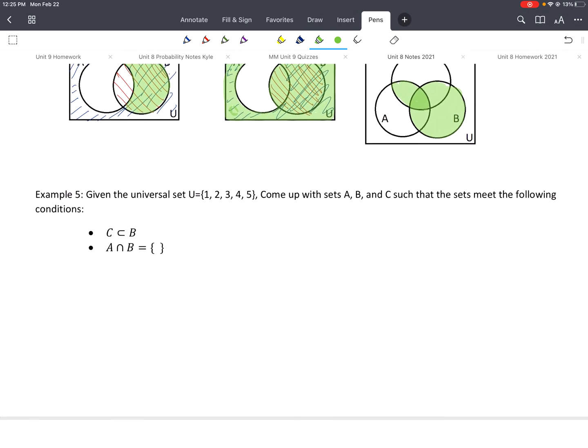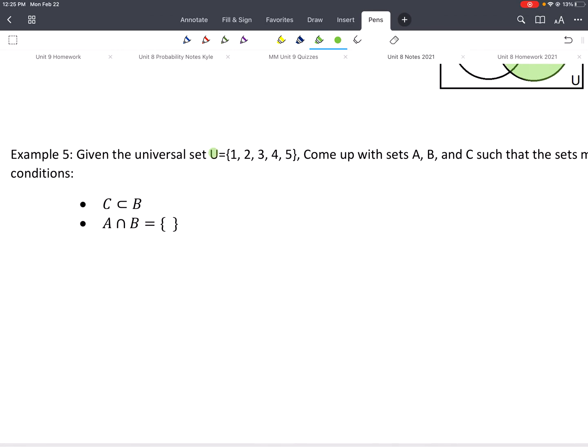All right, last thing we're going to talk about. If I give you a universal set, 1 through 5, come up with sets A, B, and C that would satisfy these two conditions. One thing I would suggest is to draw a Venn diagram that would model what's going on. So we have our universal set, and then we have 3 circles.